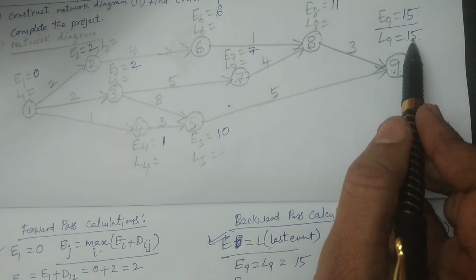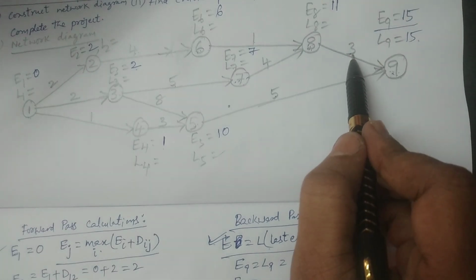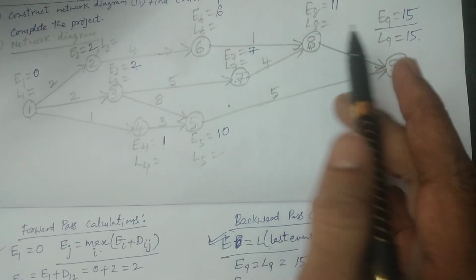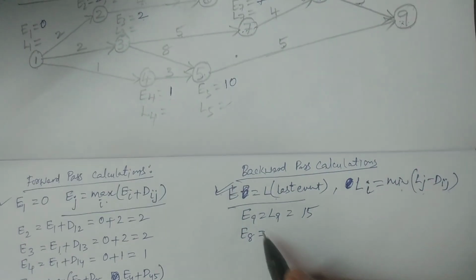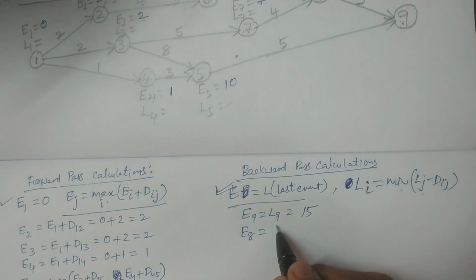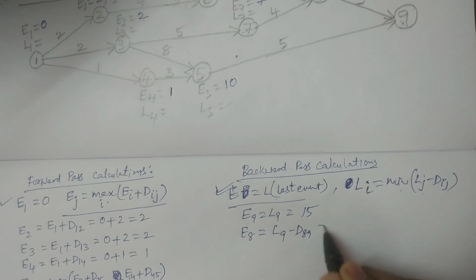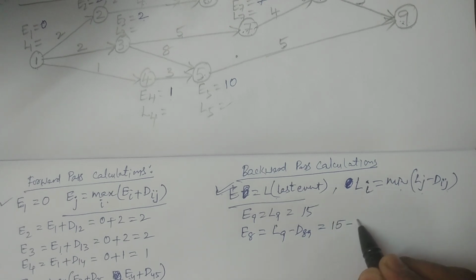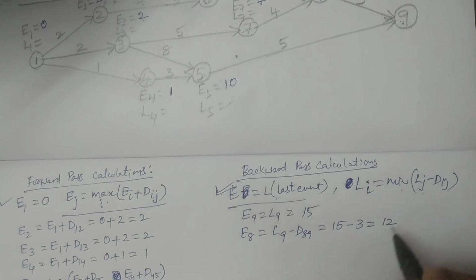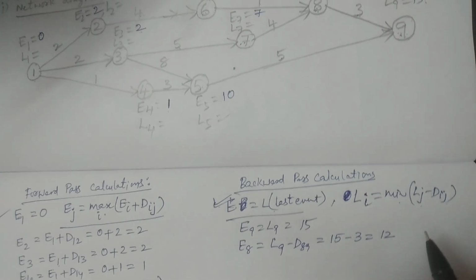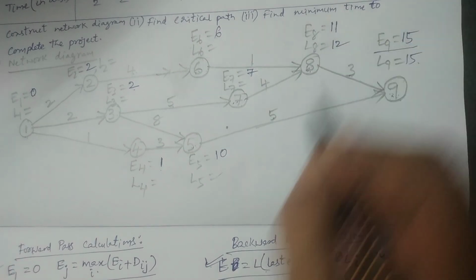Therefore, it's simply subtraction: 15 minus 3, which is 12. So I am using the formula: E8 is equal to L9 minus D89. L9 is 15, 15 minus D89 duration 3 is equal to 12. So the value is 12.